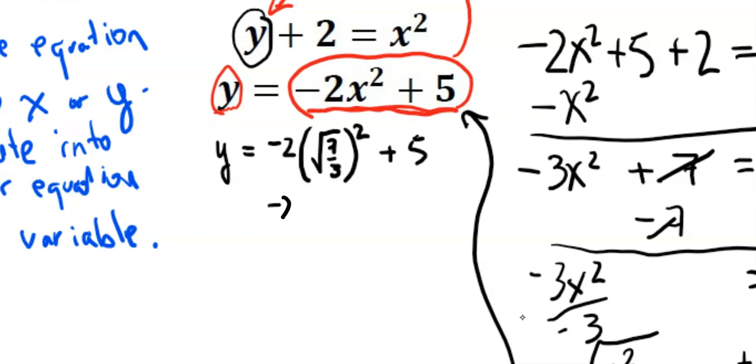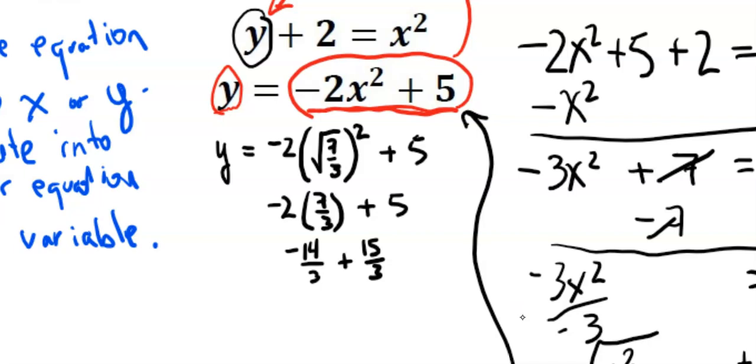So as a result, we get negative 2 times 7 thirds plus 5, which is negative 14 thirds plus, and I'm going to put 5 in terms of thirds, so 5 times 3 is 15 thirds. 15 thirds is the same as 5.